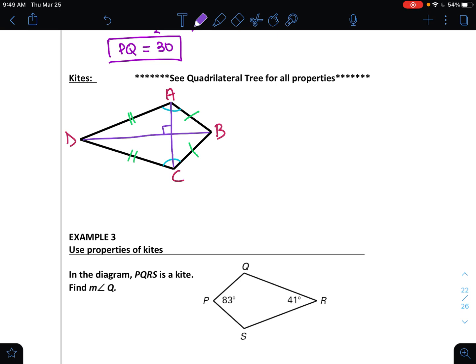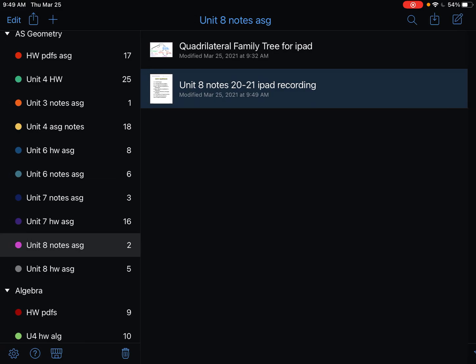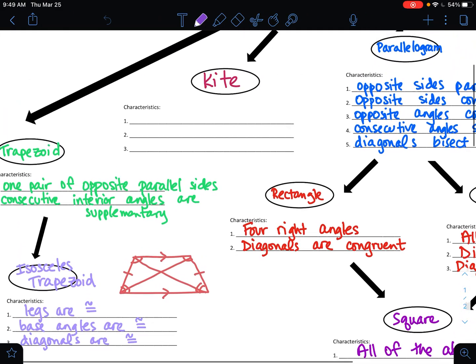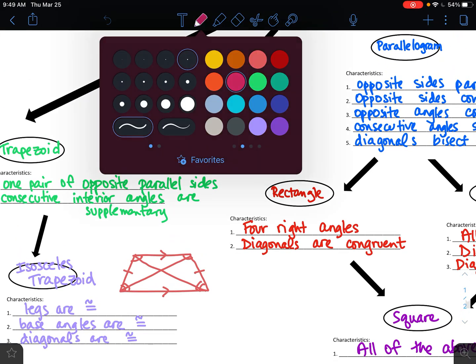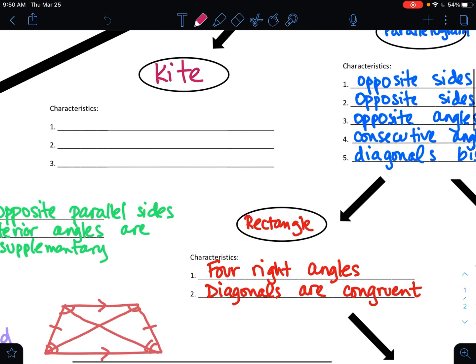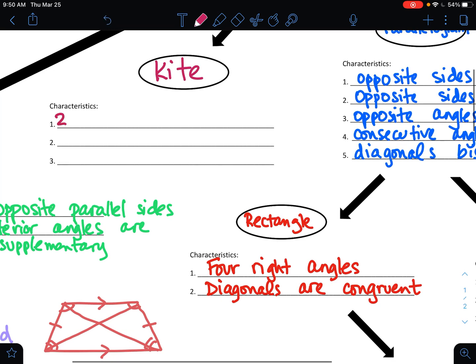So actually, let's switch over to the quadrilateral family tree and add those, and then come back here. Okay, let's go back up to kite, and characteristic number one is that there are two pairs of consecutive congruent sides.